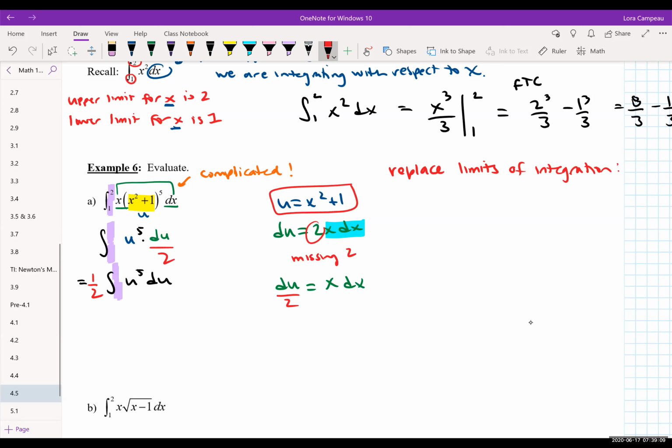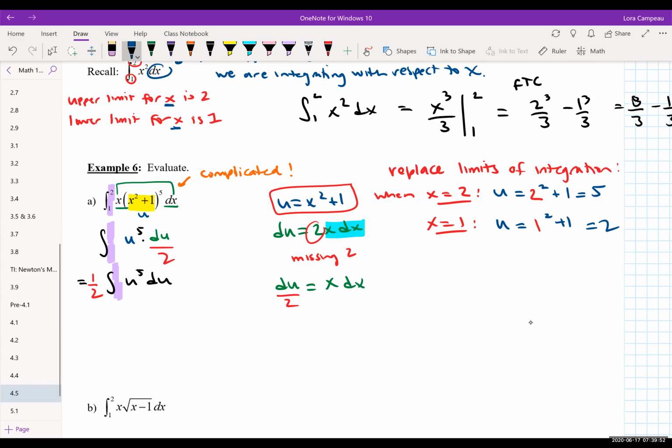So I'm taking this piece and saying, when x equals 2, my upper limit, u should equal 2 squared plus 1, which is 5. Also, when x equals 1, I get u equals 1 squared plus 1, which is equal to 2.